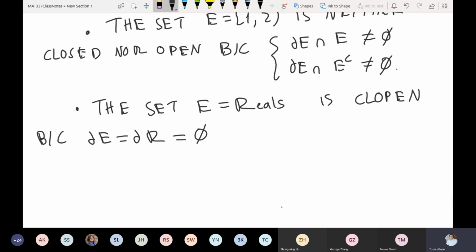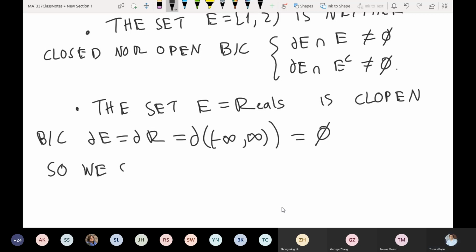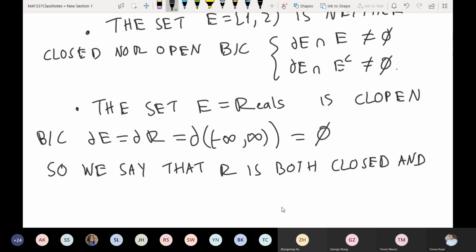Let me write it: we mean (minus infinity, infinity). It has no boundary. So we say that R is both closed and open. All right, so let's take a small break. We'll start again 12:05, and I'll stick around for questions.